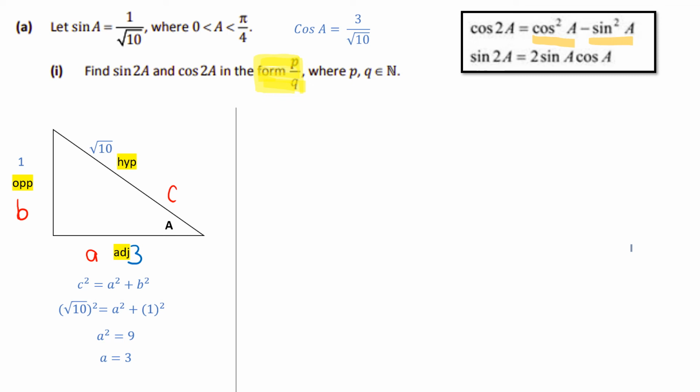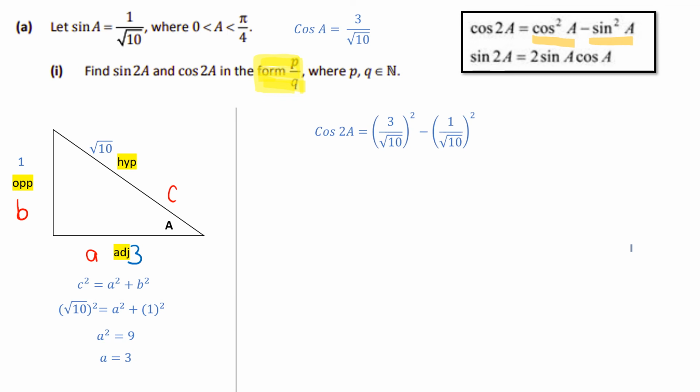The reason that square gets put in there against the cos and the sine is to make sure we're clear that it's the whole thing squared and not just the angle squared, which it would look like if the squared was on the outside.